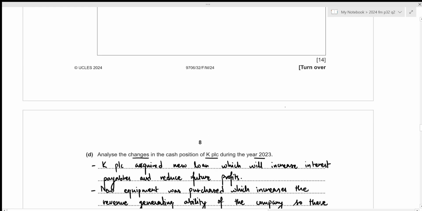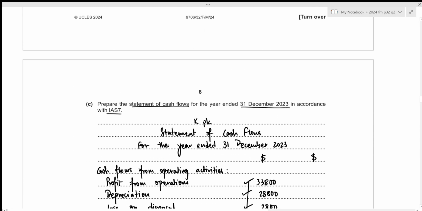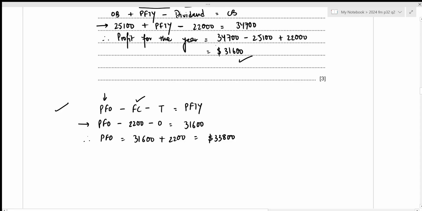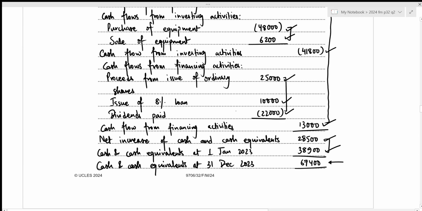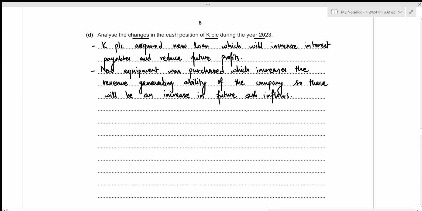Next, we can compare the profit for the year and the dividends paid, because remember, dividend will be paid out of the profit made, right? And the profit for the year was 31,600, whereas the dividends paid was 22,000. So we can say that the dividend amount should be reduced and the profit should be plowed back to the business for increased growth of the business. Let's write it down. Profit was 31,600 and 22,000 was paid as dividend.